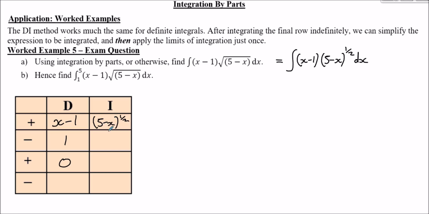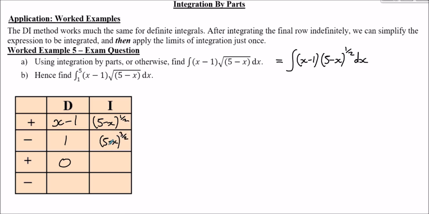But if you were to set u, for example, to be 5 minus x, du by dx would be minus 1, because we've got a minus x essentially. It's going to integrate similar to if it were positive x, but then we're going to get a minus on the outside. So what's going to happen here? I'm going to get 5 minus x. Obviously the power, 1/2, we're going to add 1 to that, so that becomes 3/2.